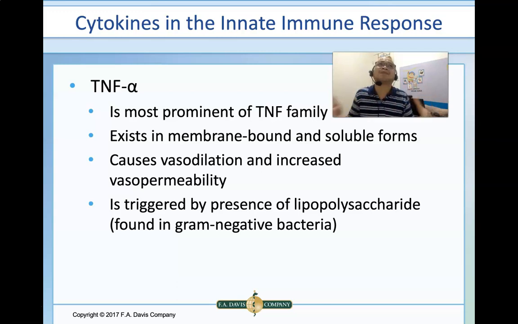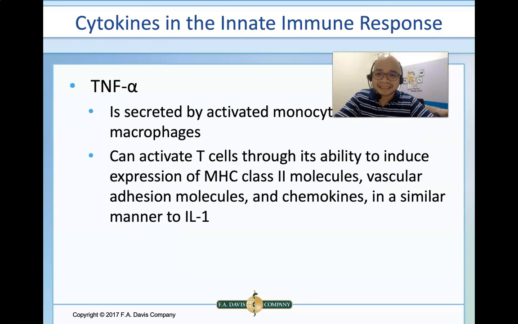The blood vessel becomes more permeable, so more fluids will move across it. That may also trigger the presence of edema, for example. It is also triggered by the presence of lipopolysaccharide, LPS, which is one of the major virulence factors found in the cell wall of gram-negative bacteria.